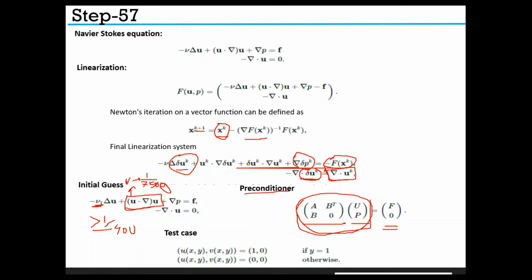The computational domain is the unit square, and the right hand side f is equal to 0. From that condition, obviously, if y is equal to 1, then we will get this condition, and otherwise we will get that condition.